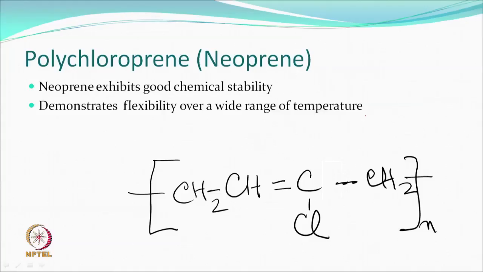So, what you have done here, again a similar compound, but on the butadiene, instead of putting a methyl group, now you have put a chlorine. So, it is a chloroprene, and also sometimes known as neoprene. So, it is an interesting rubber which is coated. The material which can be coated onto the textile is an elastomeric material.